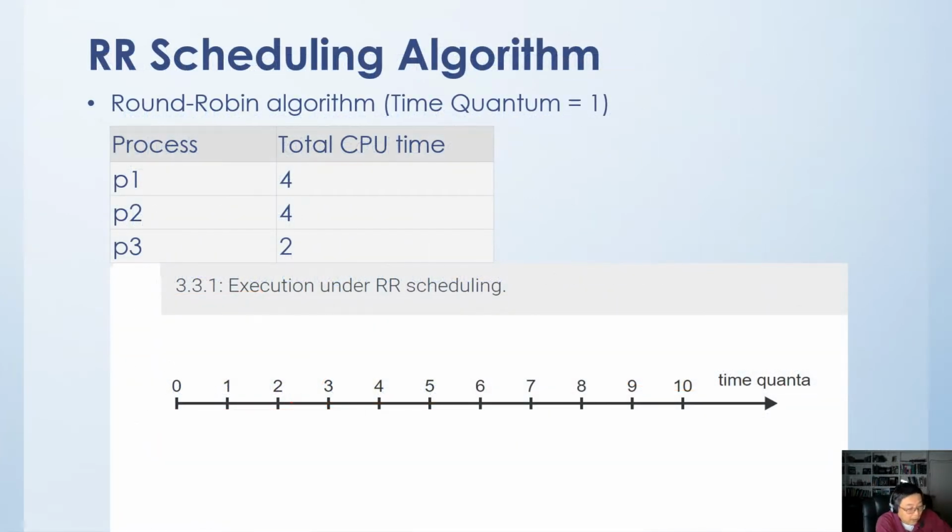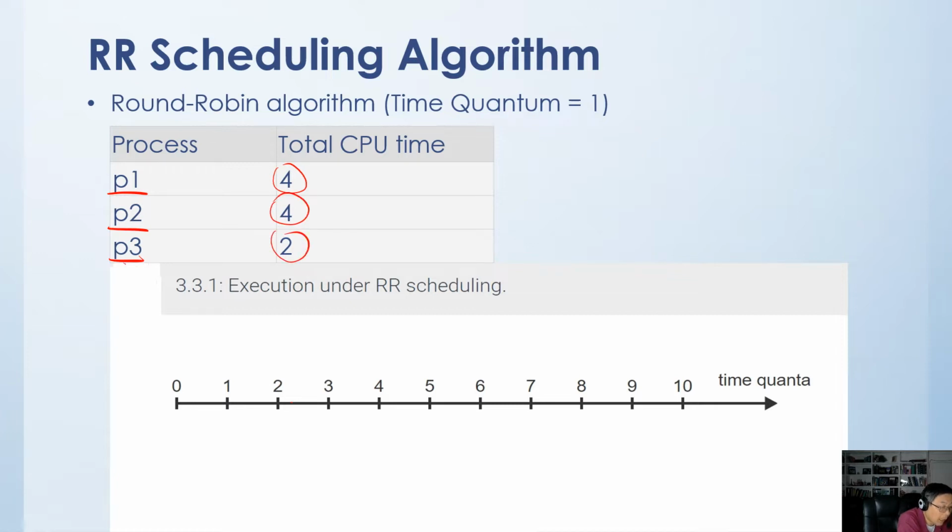Now let's take a look at an example. We have 3 processes. The total CPU time for process 1 is 4, for process 2 is 4, and for process 3 is 2.